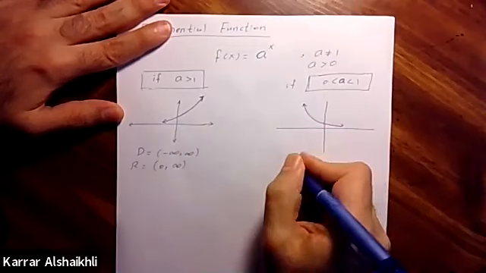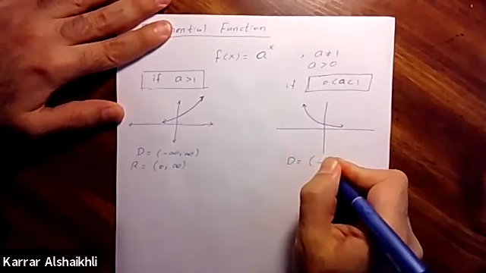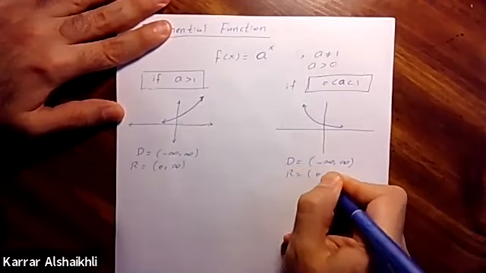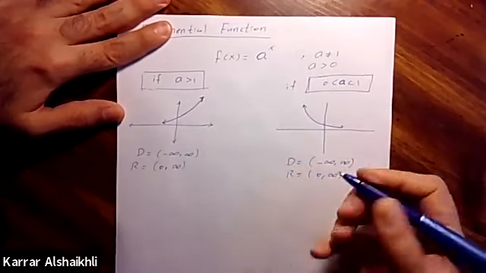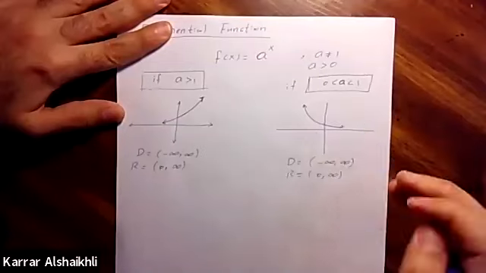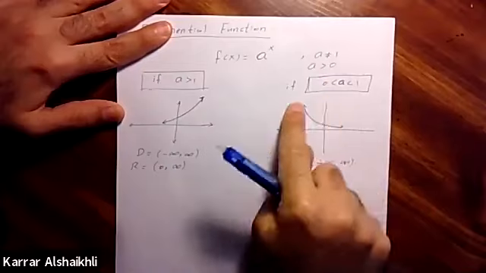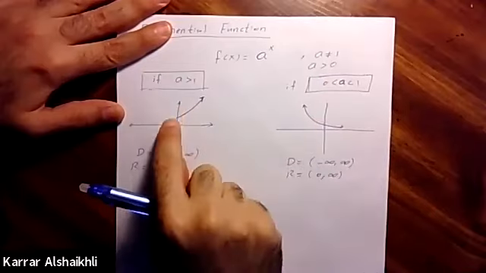That's why the domain is always from negative infinity to infinity, and the range is from 0 to infinity. The range from 0 to infinity means my function is always on this side of the coordinates.